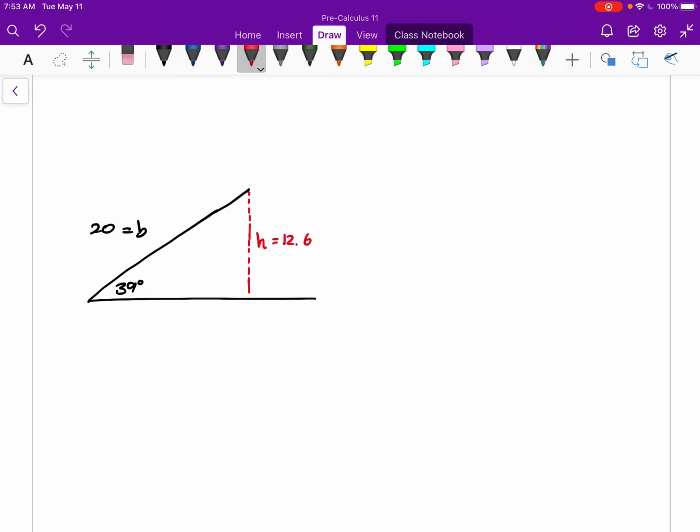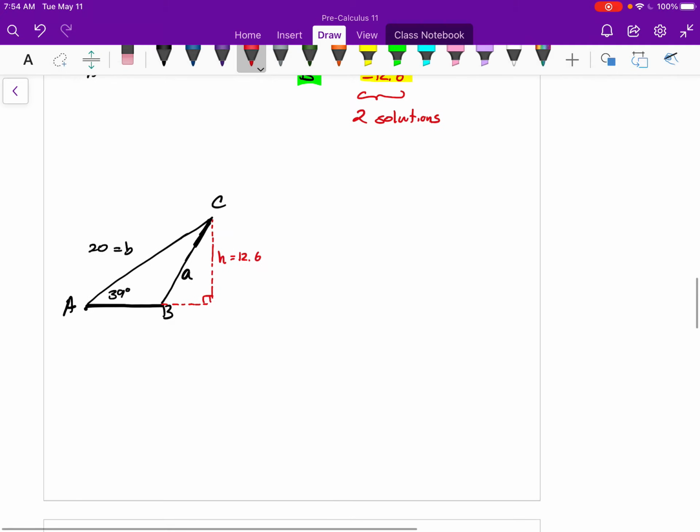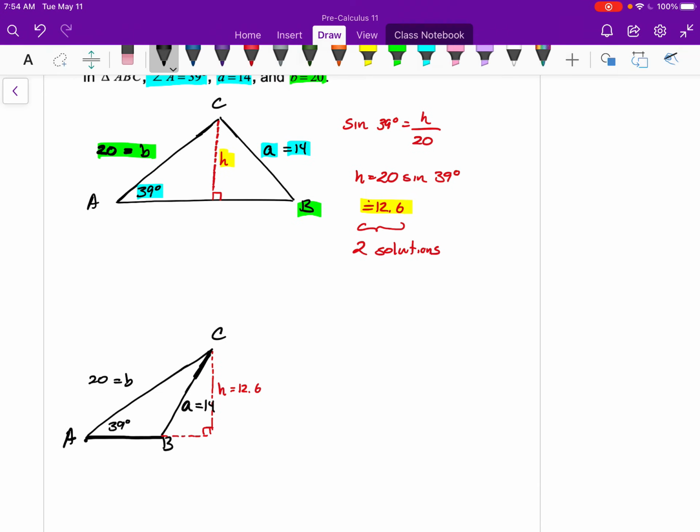And so if A is 14, I can draw it like right here as well. So actually, let me erase this bottom line. There we go. Angle A, side A, angle C, angle B. And if I look here, my height is still 12.6, and A was 14. But if I compare that triangle to this triangle, they have the same setup, but they are distinctly different.